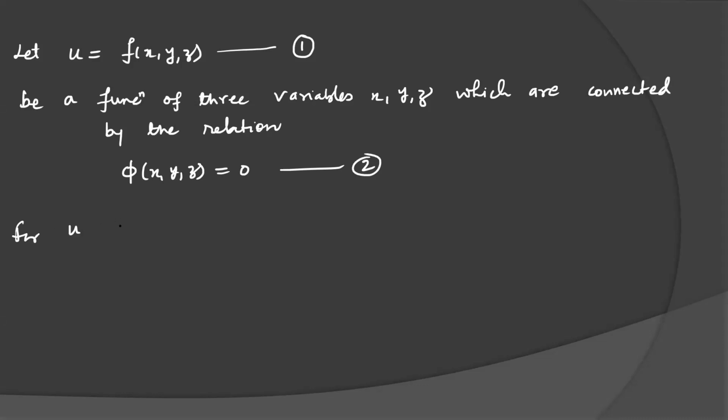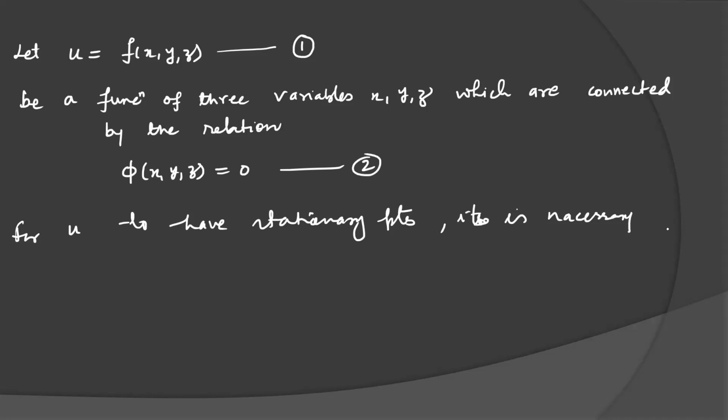For u to have stationary points, the points where we will discuss the maxima and minima, it is necessary that, as I told you, the first derivatives must be 0: del u by del x equal to 0, del u by del y equal to 0, and del u by del z equal to 0.